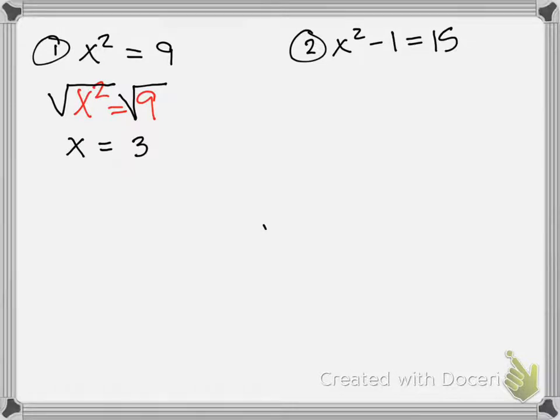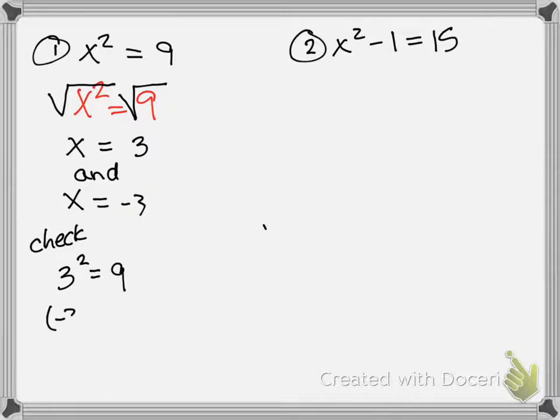But this is where we need to include both a positive and negative answer. And the reason I need to do that, if I think about 3 squared equals 9, but if I have negative 3 squared, that also equals 9.